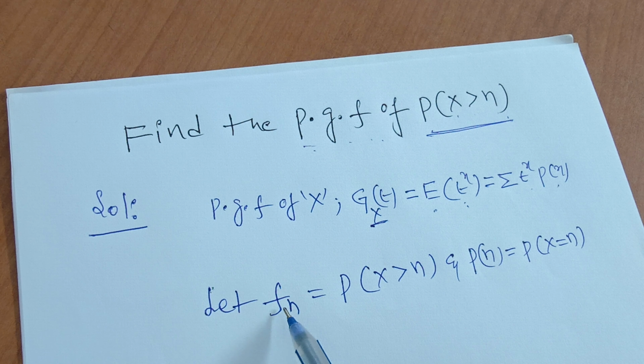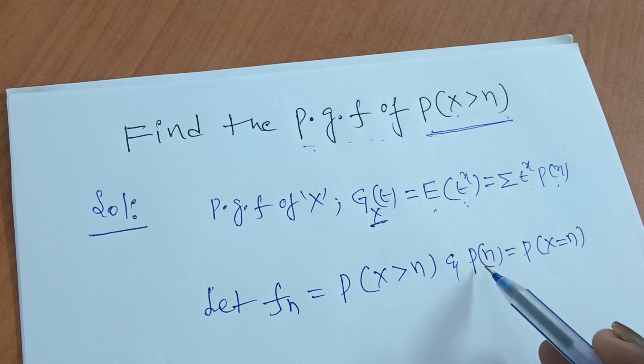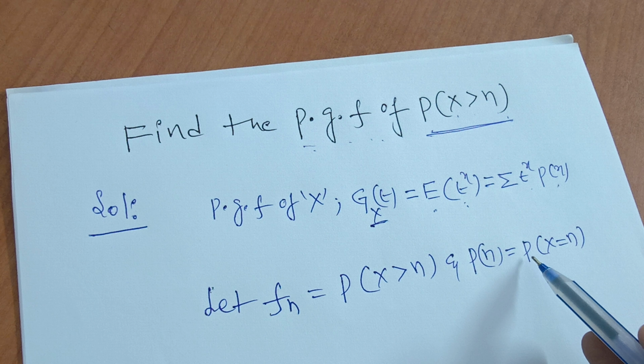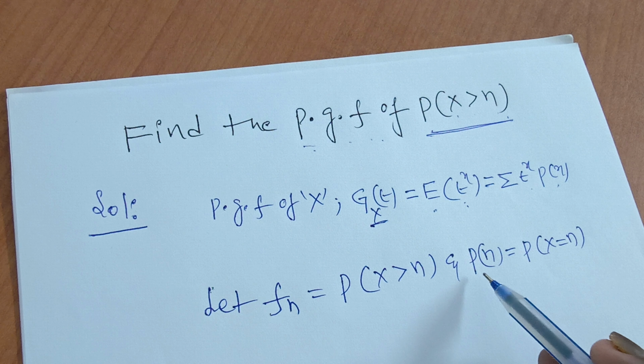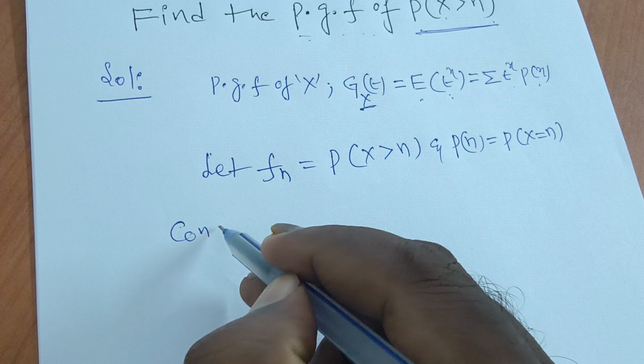Suppose if n equals to 1, f1 is equal to probability of x greater than 1, f2 is equal to probability of x greater than 2, like this. Here p of n means p of 1. If n equals to 1, p of 1 equals to p of x is equal to 1. If n equals to 2, p of 2 equals to p of x is equal to 2, and so on.